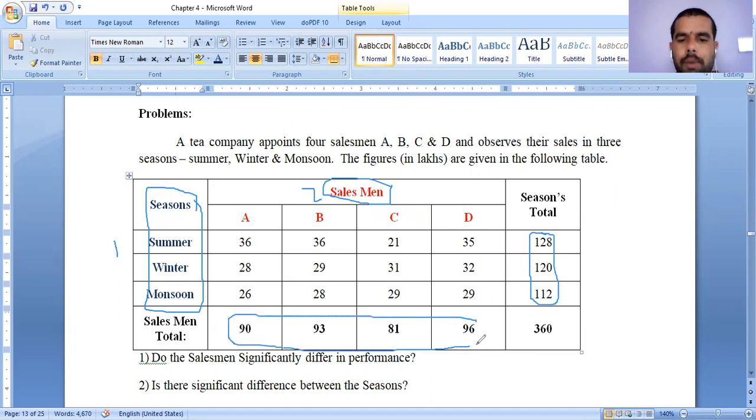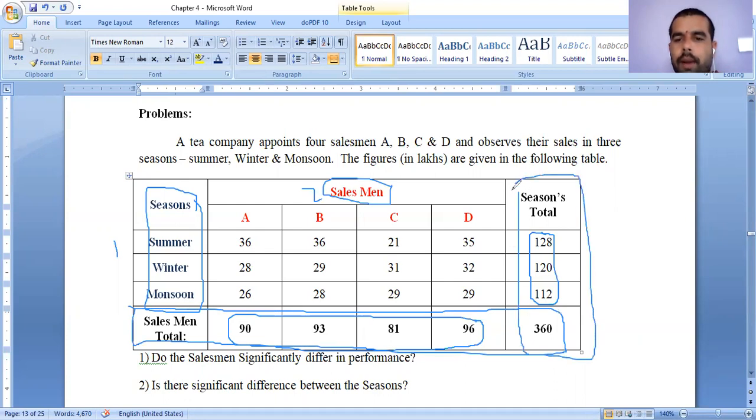But from the examination point of view, these totals will not be available, and the seasons' totals also will not be available. Only the values for A, B, C, D: 36, 36, 21, 35, 28, 29, 31, 32, 26, 28, 29, 29. Only this information is available in the question paper in the examination.